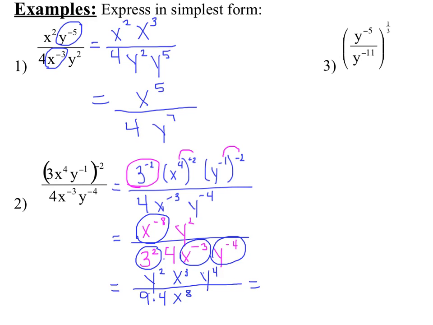I can combine y to the second and y to the fourth. And that will become y to the sixth because you add the exponents if they have the same base. I can multiply 9 times 4, that will give me 36 in my denominator, because that's where it is.